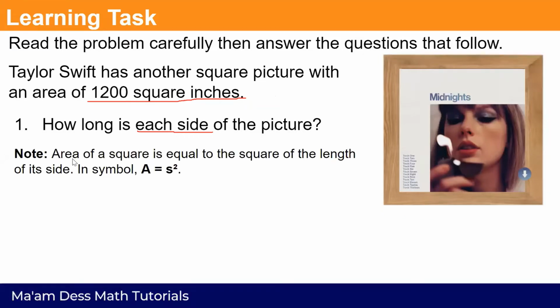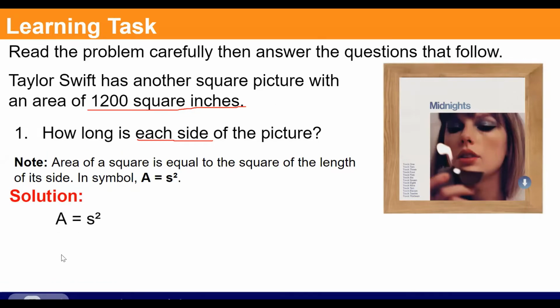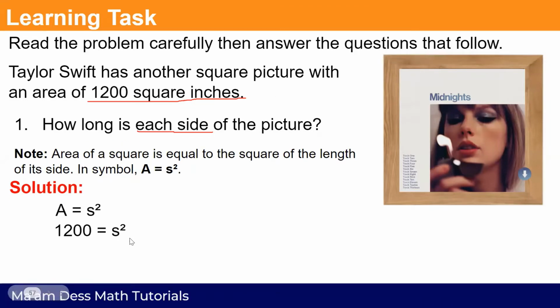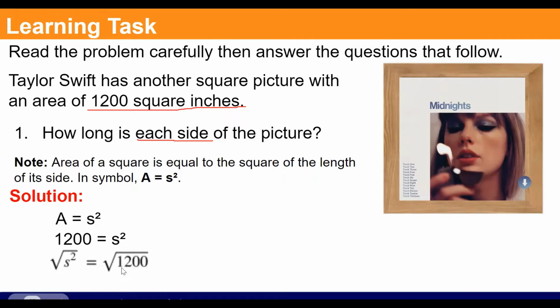So note again, area of a square is equal to the square of the length of its sides. In symbol, A is equal to S squared. Solution, the formula is A is equal to S squared. So 1,200 is equal to S squared. Extract the square root of S squared is equal to square root of 1,200.